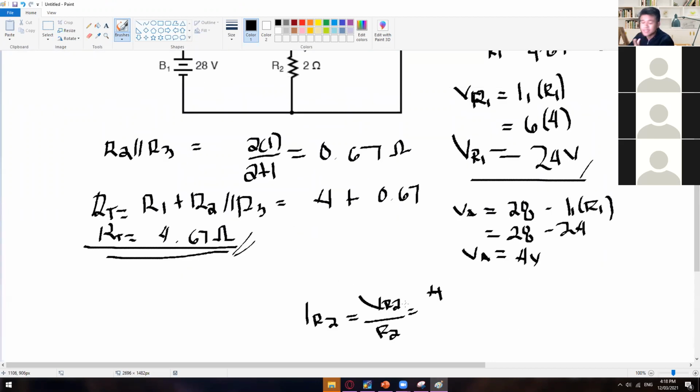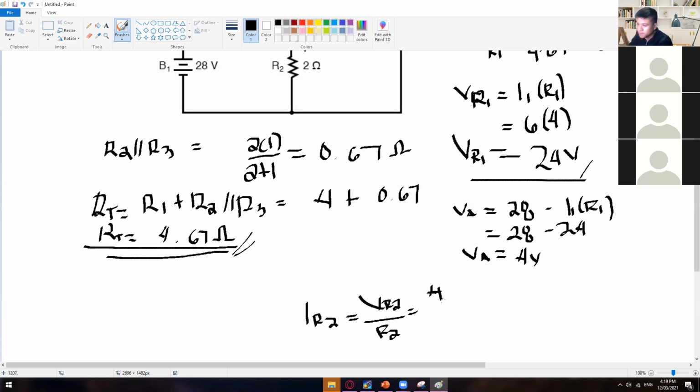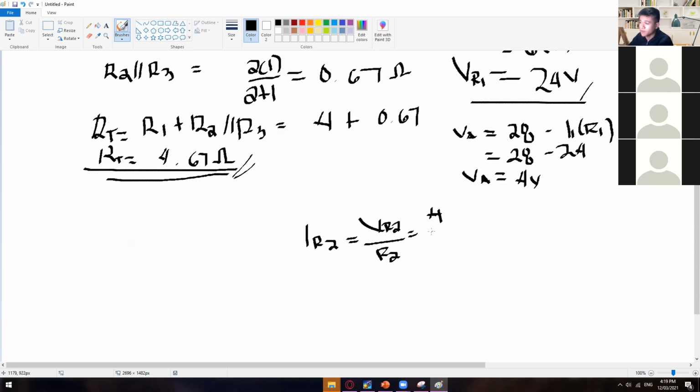Since they are in parallel, whatever voltage is flowing on this section will also flow on the other section that is parallel with that resistor. So R2 and R3 are parallel with each other, so they only have one common voltage flowing with them. So in here, VR2 is also equal to 4 volts, and our R2 here is 2 ohms. So I, R2, is equal to 2 amps.